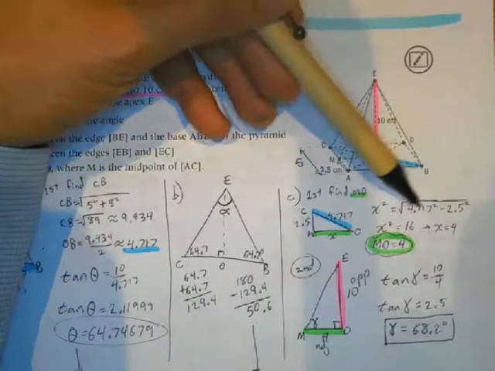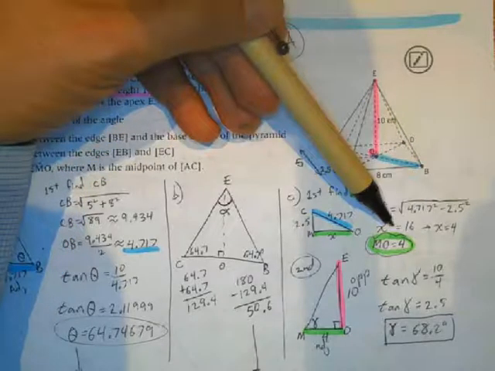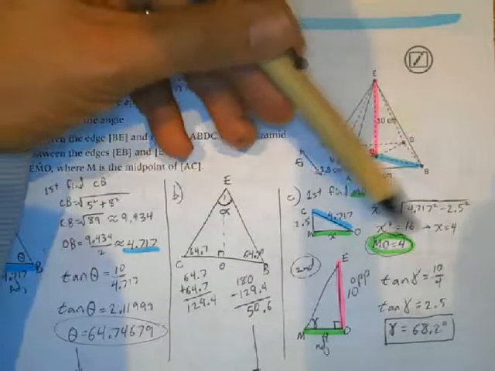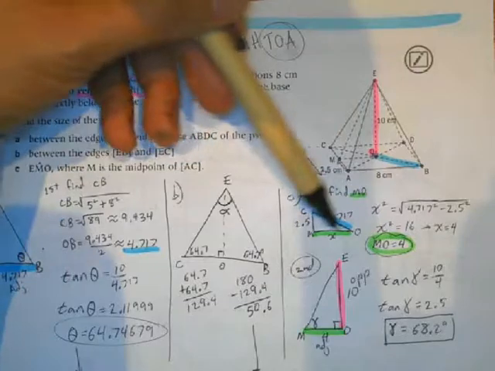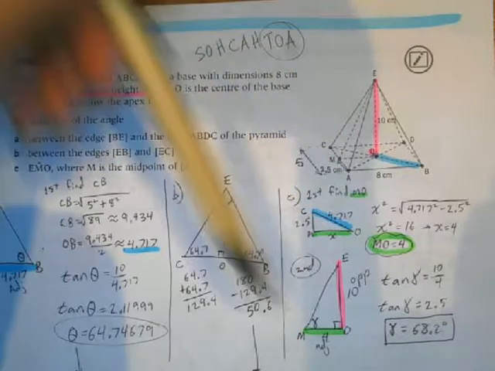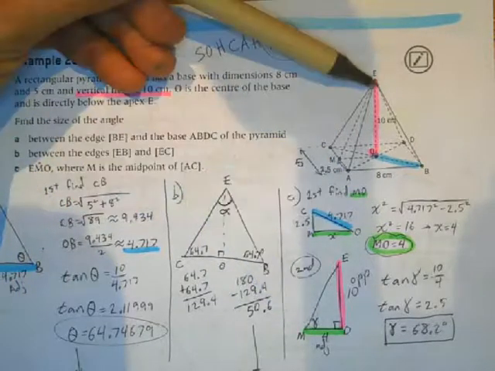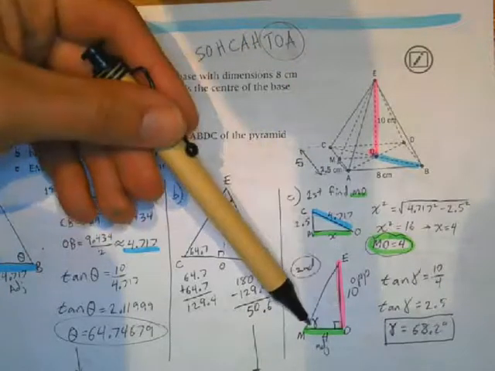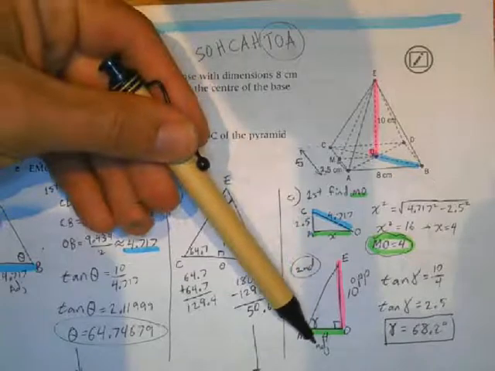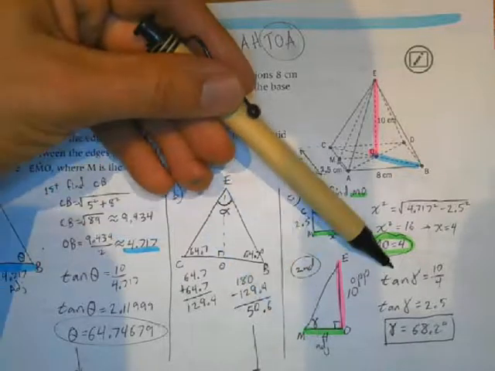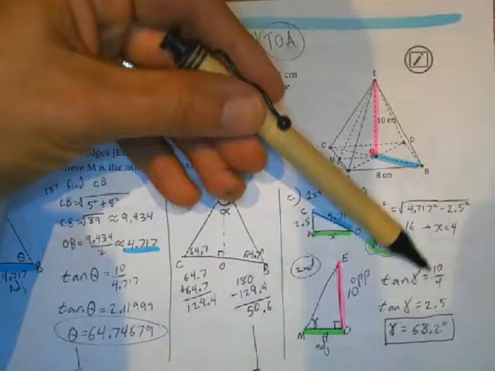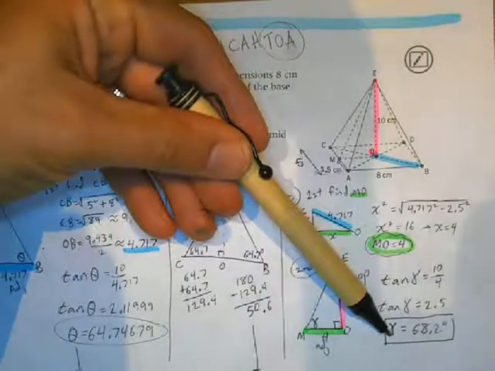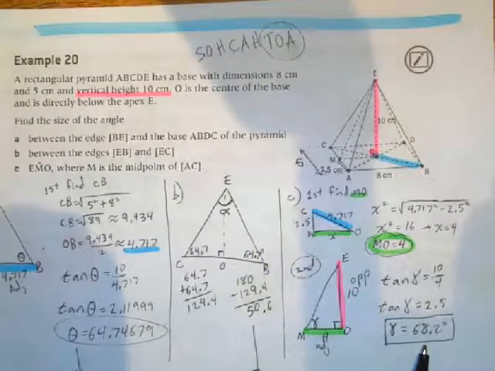So square those and subtract them and take the square root. We end up that MO is 4. Now that I know that's 4, my triangle EMO, and I'm trying to find out this angle right here. So I've got the opposite side, the adjacent side, so I'm going to be using tangent, and then we get my ratio and do second tan inverse, and we get 68.2. You may want to hit pause.